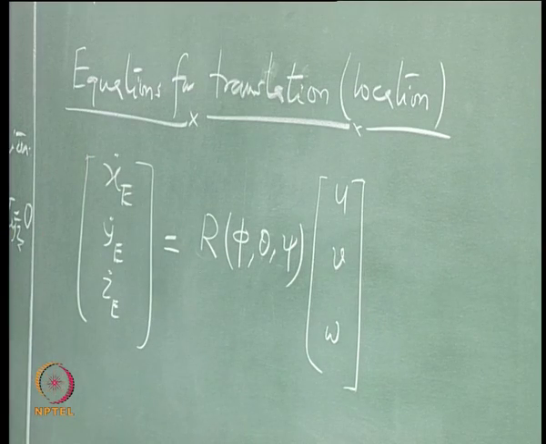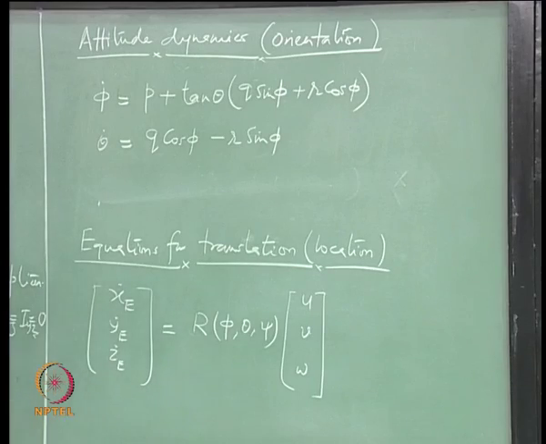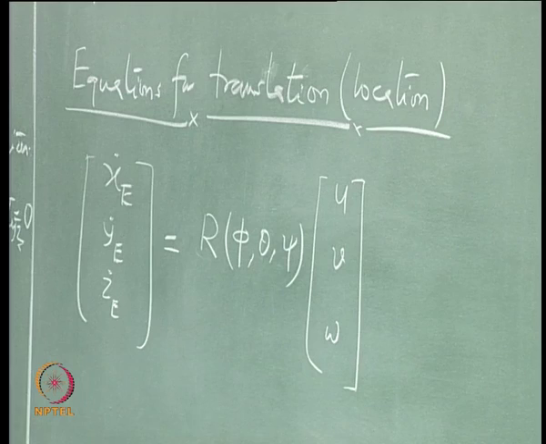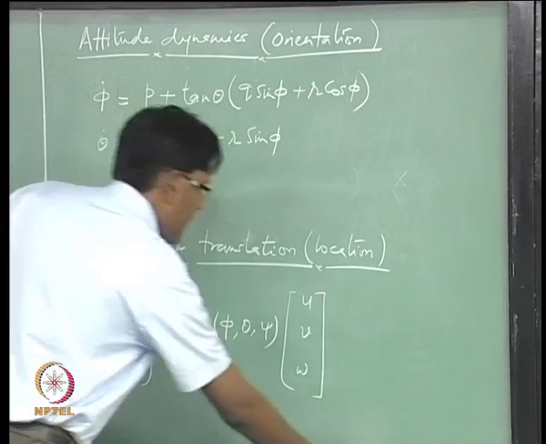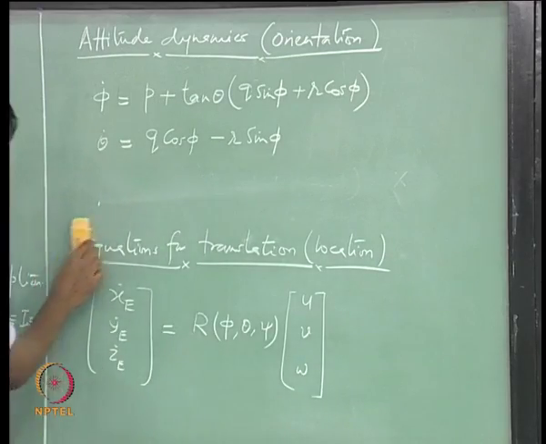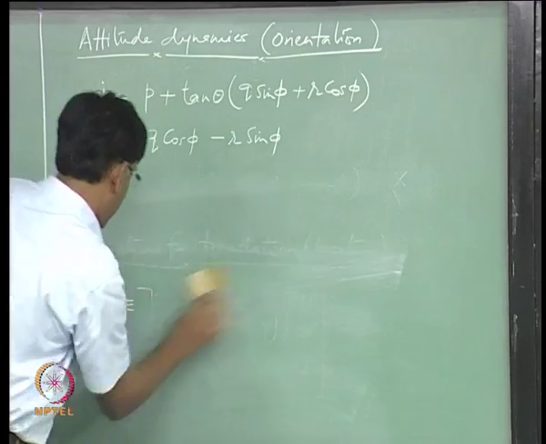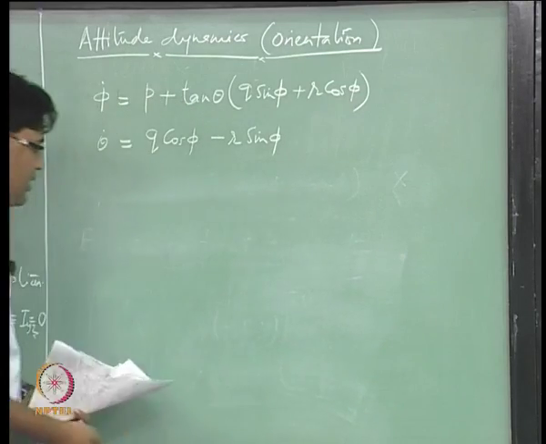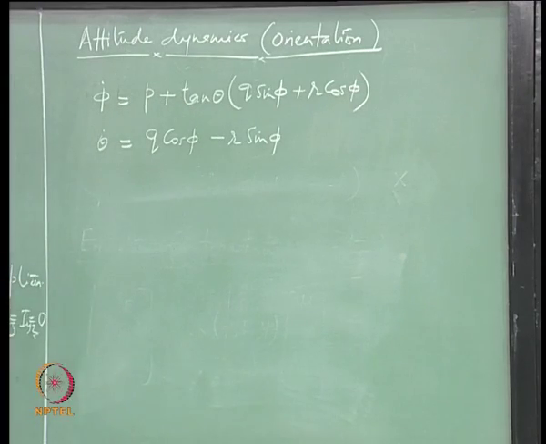but in general if you want to know the location of your aircraft at any point in time, then you have to have these 3 equations, right, but it does not affect the stability of the aircraft. So, we can remove these 3 equations assuming that these first 8 equations are not depending upon the location of the aircraft.